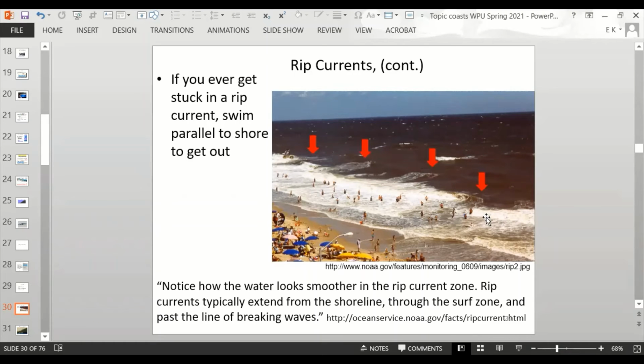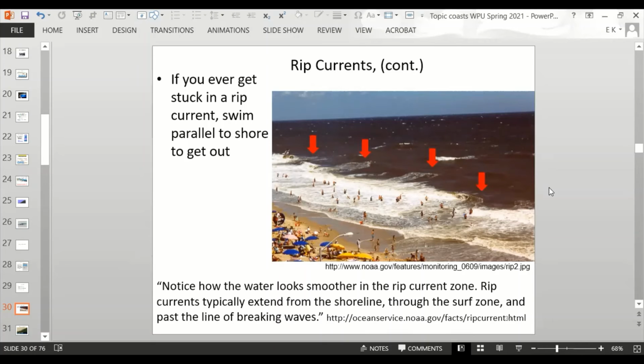So when you look at the water here, you can see some of the areas look kind of smooth, right? So rip currents typically extend from the shoreline through the surf zone and past the line of breaking waves. And for example, right over here, the water looks kind of smooth.